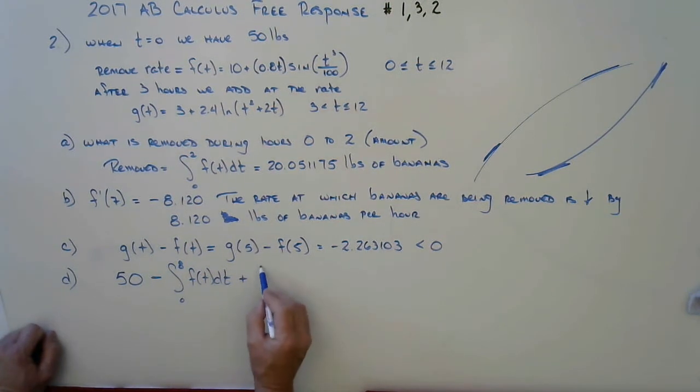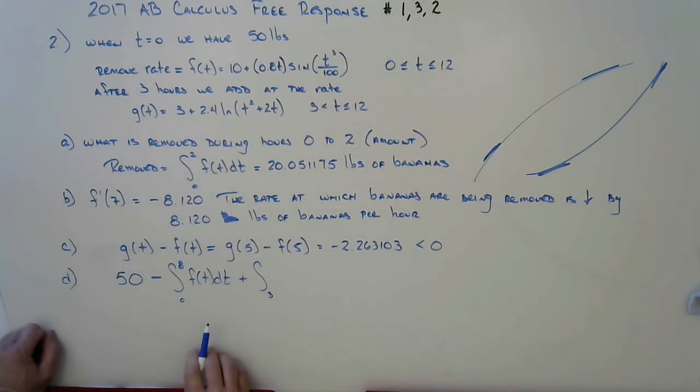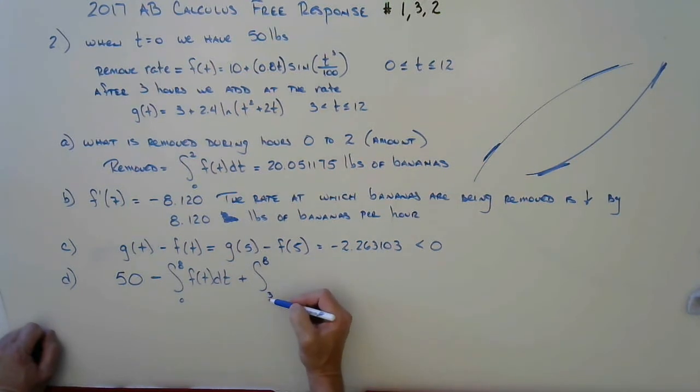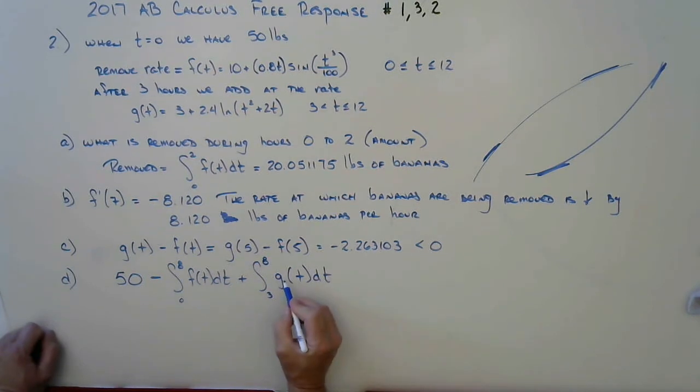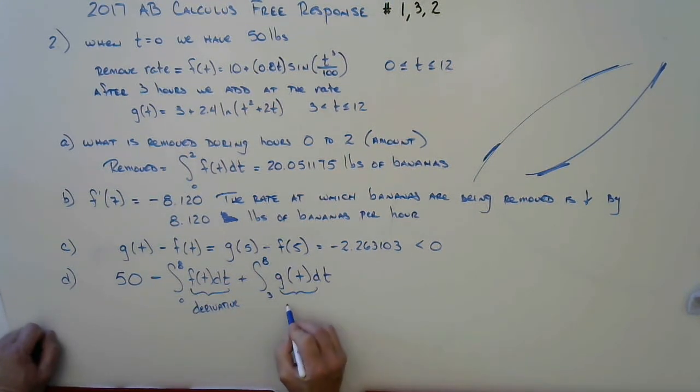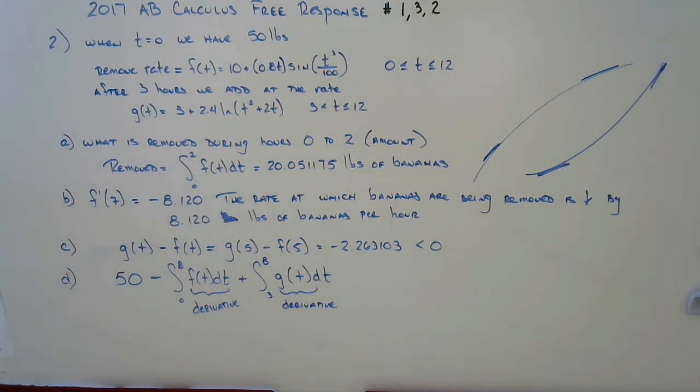Plus, we've been putting bananas on the table, right? But remember, we didn't start putting bananas on the table until the third hour. So we've only been putting bananas on the table between hours 3 and 8. Don't make that a 0 to 8. And we've been putting bananas on the table at the rate G of t. Those are derivatives, so when I integrate those, I get the amount.